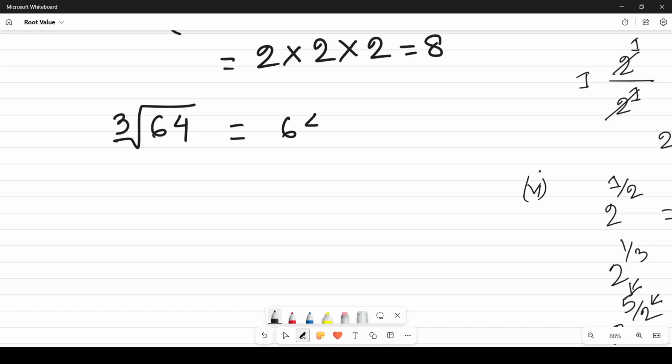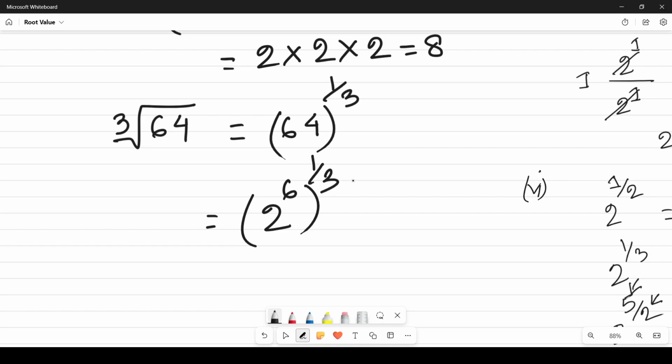It means 64 has a power of 1 divided by 3, a fractional power, right? How did we write 64 earlier? Do you remember? We wrote 64 as 2 to the power 6, right? So now we'll get 6 divided by 3, so 2. We'll get 2 to the power 2 equals 4. So the cubical root of 64 is 4.